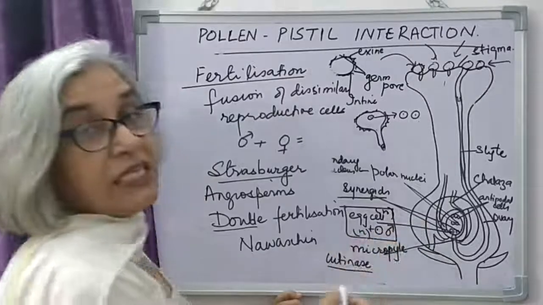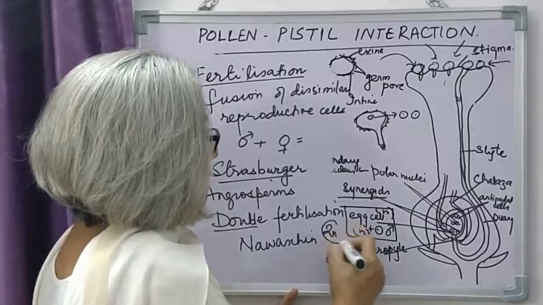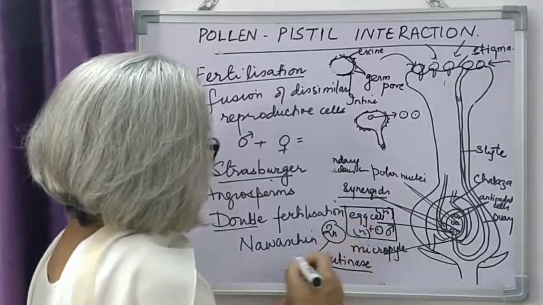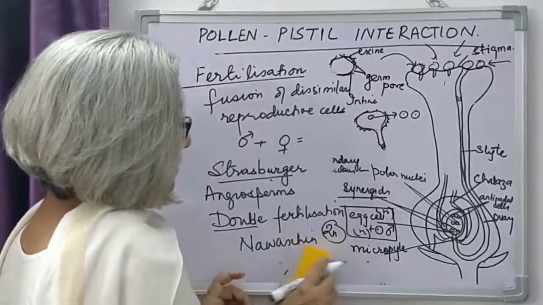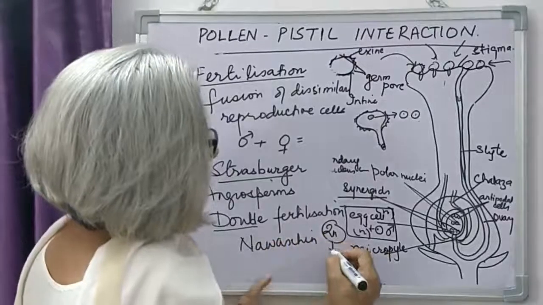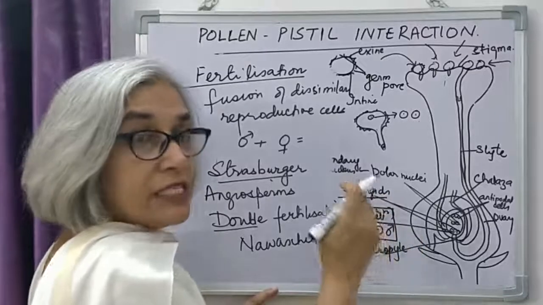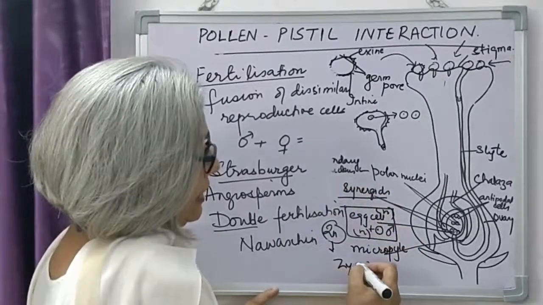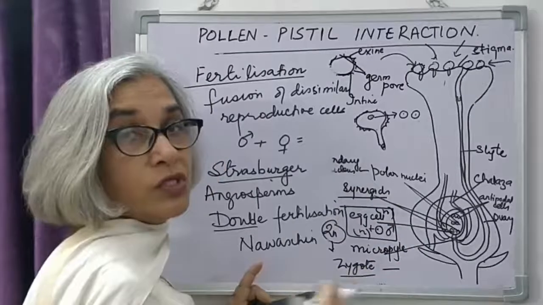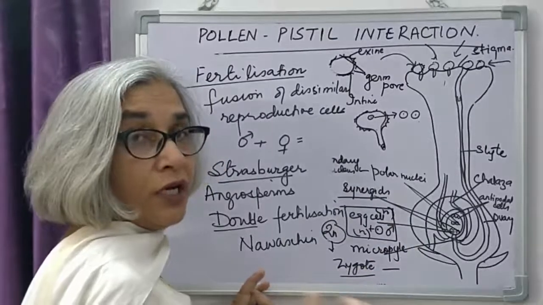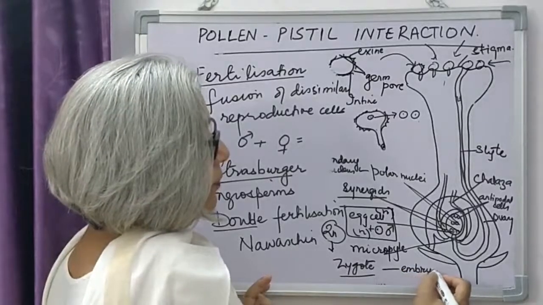This male gamete is a haploid cell. So, we get a diploid cell, and this diploid cell, formed by the fusion of the egg cell and the male gamete, is the zygote. This zygote will undergo a series of divisions and will ultimately form the embryo.